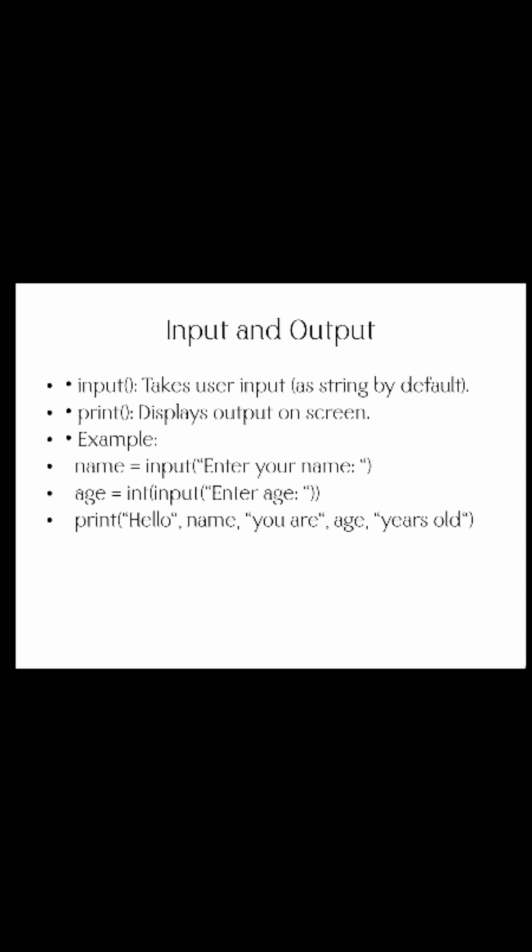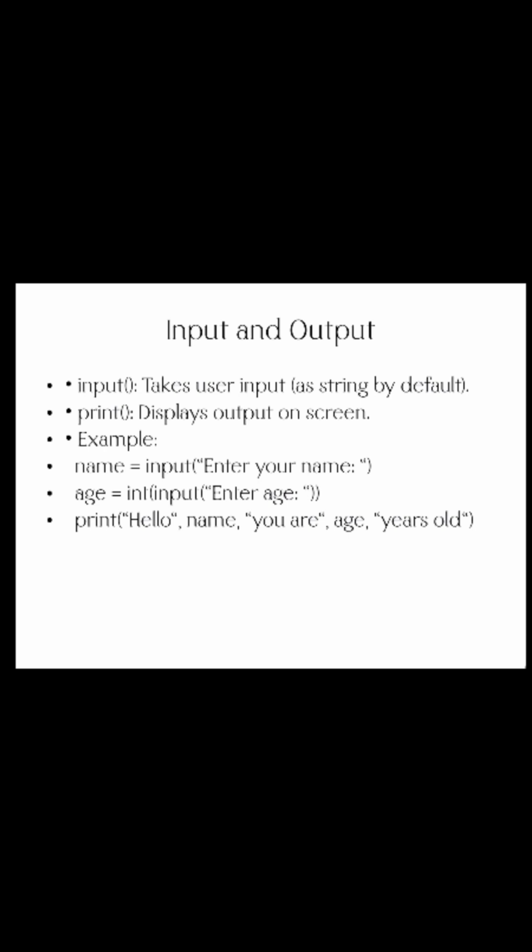The input function is used to receive data from the user. It displays an optional prompt message to the user and waits for input. The input is always returned as a string even if the user enters a number. Typecasting functions like int or float can be used to convert the input string to the desired data type.